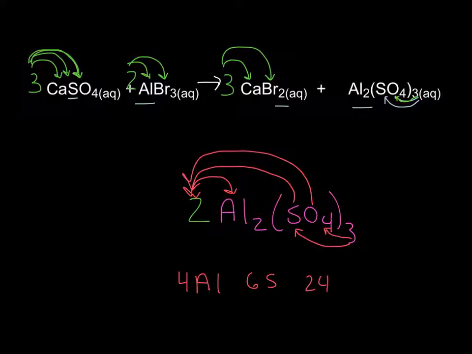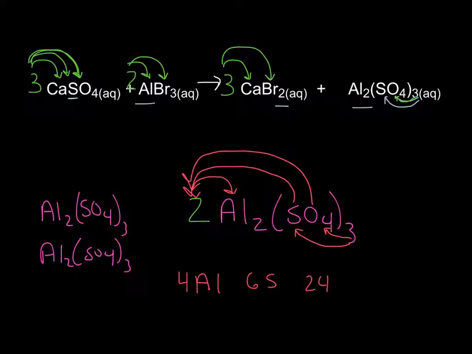Another way to look at this is if we needed 2 aluminum sulfates, we would have to write Al2(SO4)3 twice, right? So if we add everything up this way, we still come up with 4 aluminums. When we distribute this 3 in, we've got 3 sulfurs and 3 sulfurs, which gives us 6 sulfurs, and 3 times 4 is 12 oxygens, and 3 times 4 is 12 oxygens, which gives us 24 oxygens.